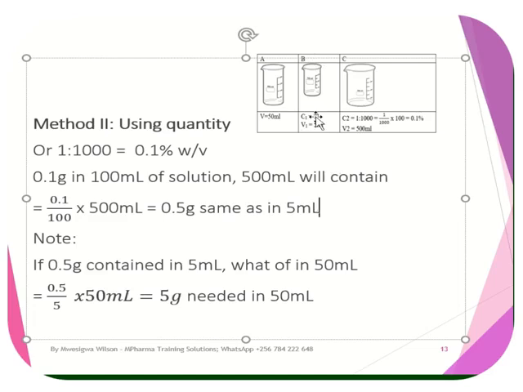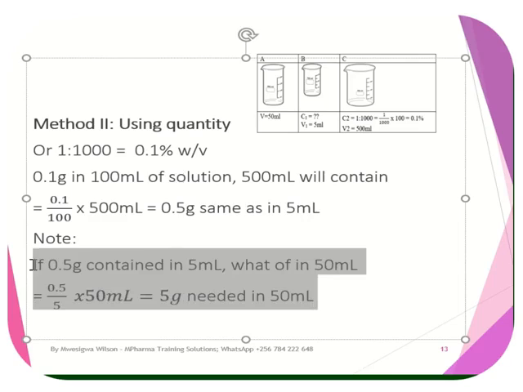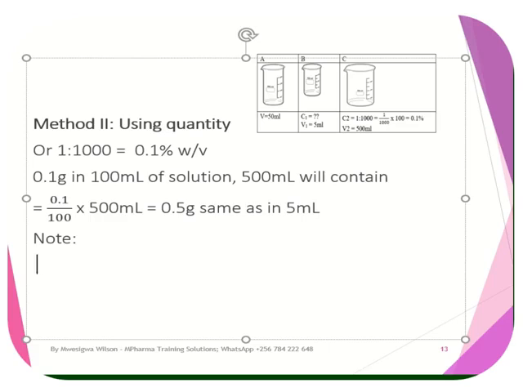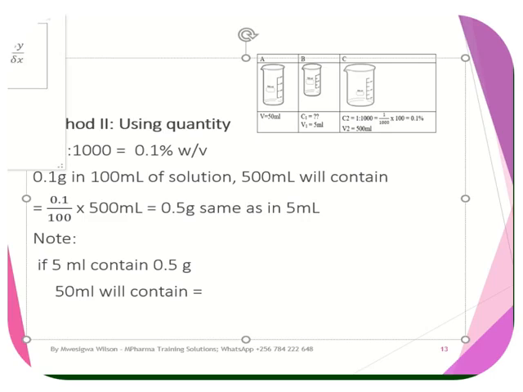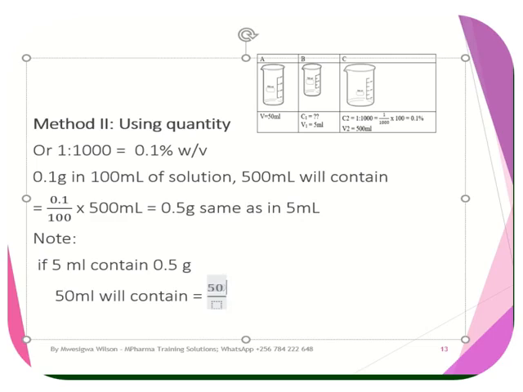So now here, you can just use first principles. If 5 mls contain 0.5 grams, what will 50 mls contain? It will be 50 times 0.5 over 5, which gives me 5 grams.